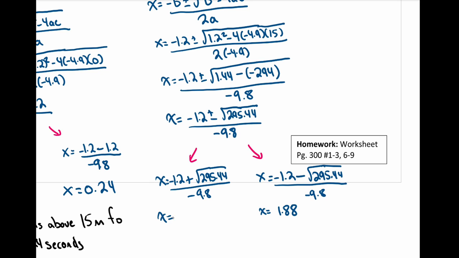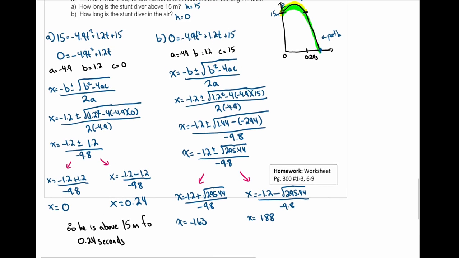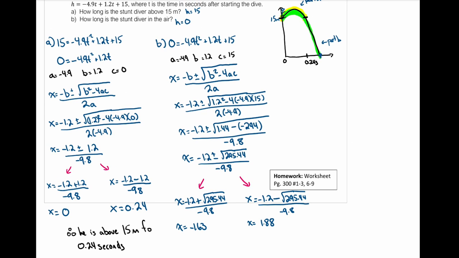And just for the sake of argument, if I do the same thing with the second one, negative 1.2 plus the square root of 295.44 divided by negative 9.8, I get negative 1.63. Again, going back to our graph, it doesn't quite make sense in terms of the context to have a negative time, so I'm going to ignore the second one. It's not realistic based on the scenario.